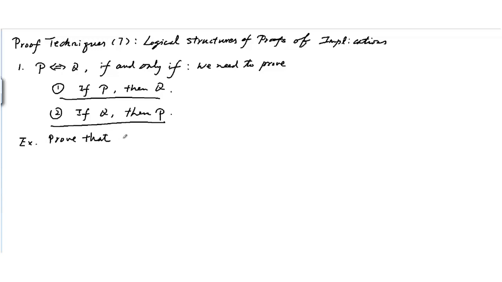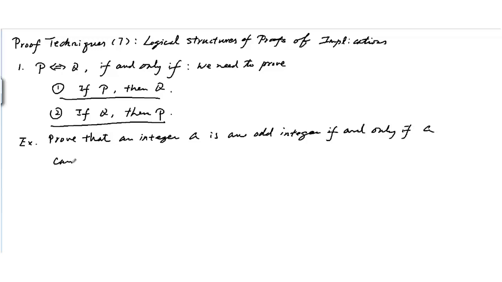Prove that an integer a is an odd integer if and only if a can be written as a sum of two consecutive integers.